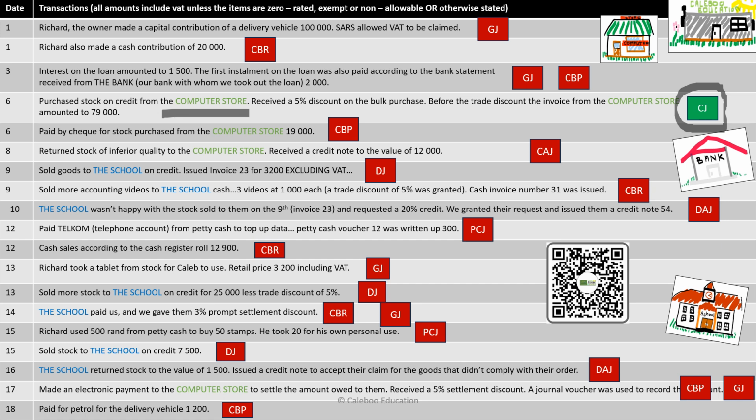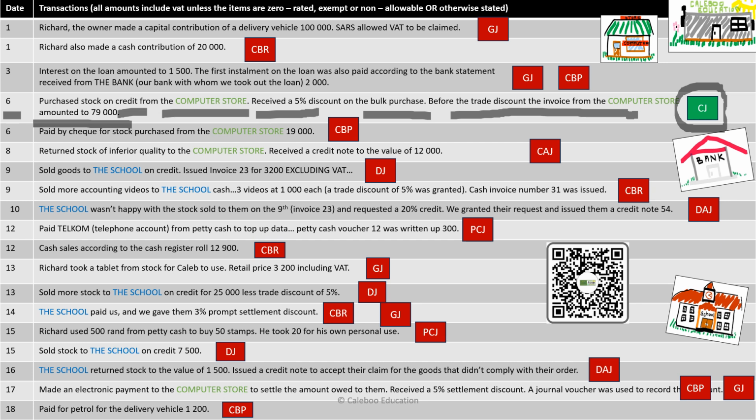So on the 6th, we purchased stock on credit, buy now, pay later. We received a 5% discount on the bulk purchase. Before the trade discount, the invoice from the computer store amounted to $79,000.